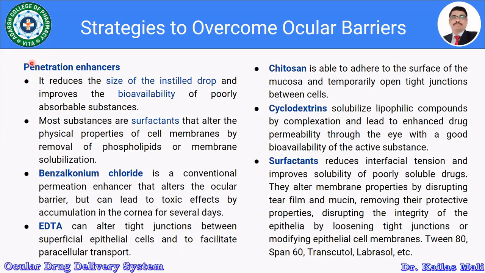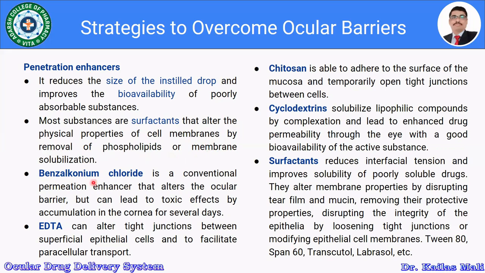When we use penetration enhancers in the formulation, it reduces the size of the instilled drop and improves the bioavailability of poorly absorbable substances. Most of the substances are surfactants. Generally, we use surfactants as penetration enhancers that alter the physical properties of the cell membrane by removal of phospholipids, or they solubilize the membrane.